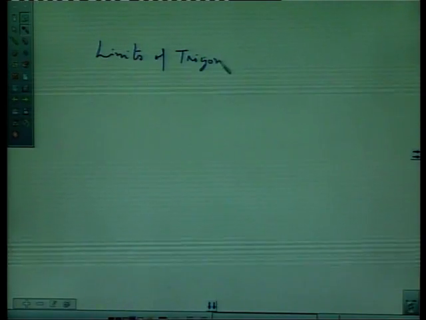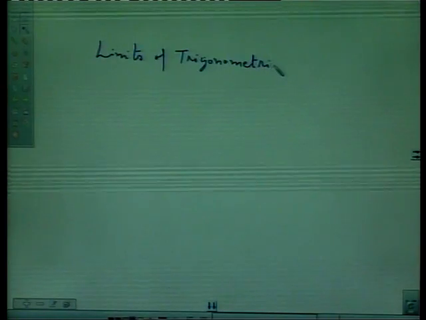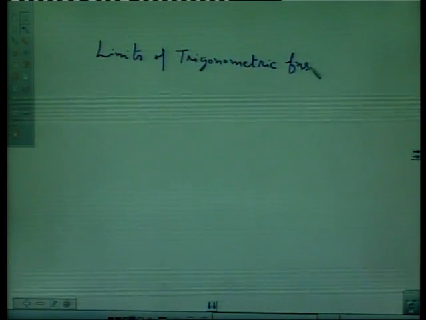Our topic is limits of trigonometric functions.